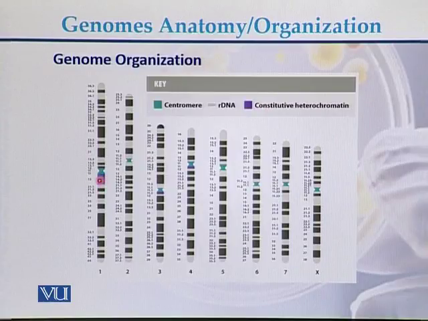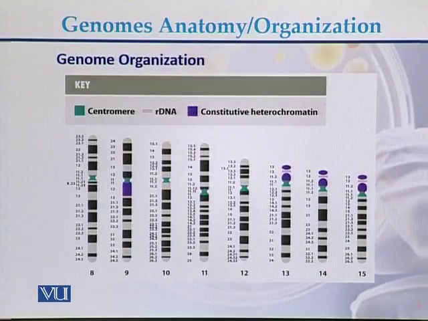On chromosome 1 there is constitutive heterochromatin, and we can see it on chromosomes 3 and 4. In other human chromosomes, we can see the centromeres, then constitutive heterochromatin on chromosomes 9, 13, 14, and 15, and in addition to constitutive heterochromatin, we can also see repeated DNA regions present on chromosomes 13, 14, and 15.